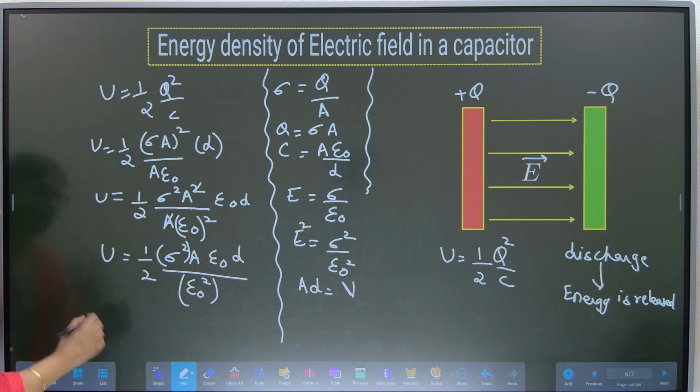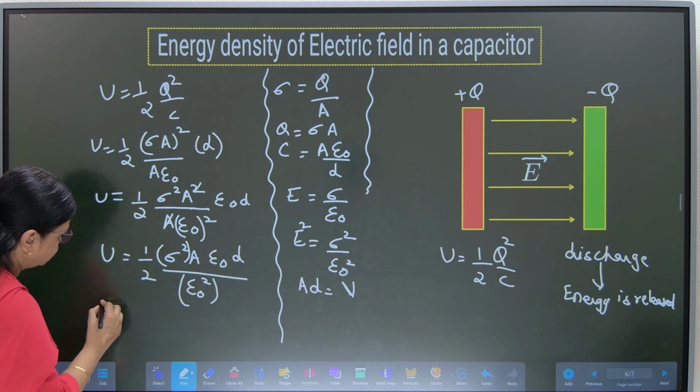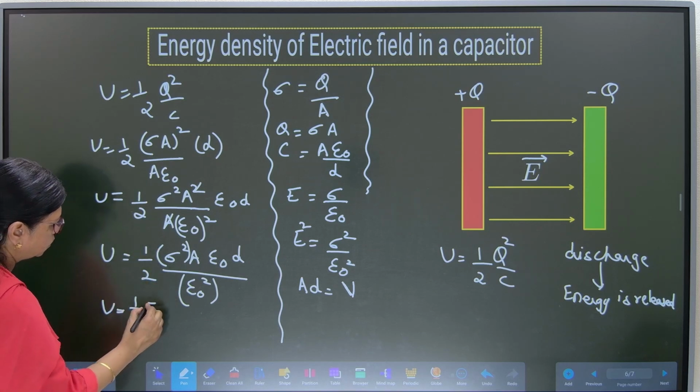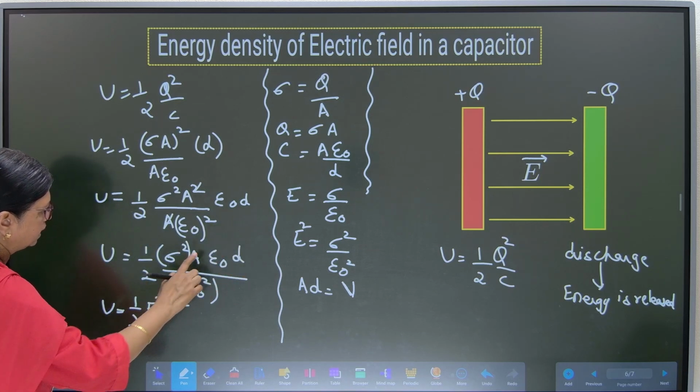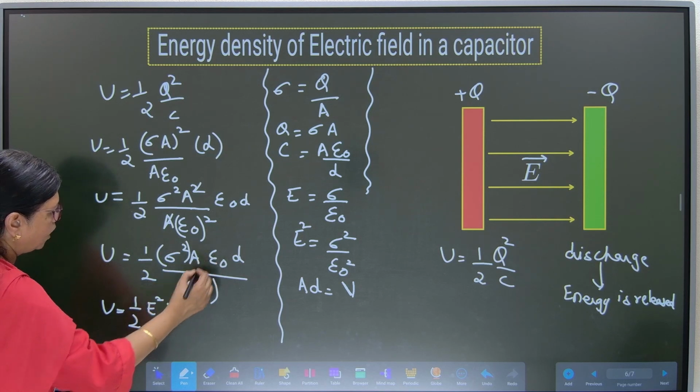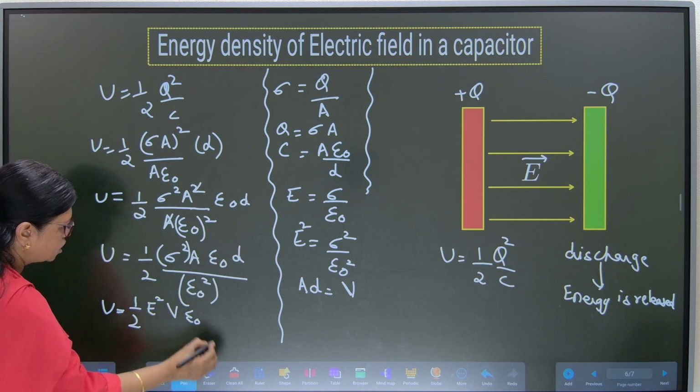Now let us see how we can write this equation as U is equal to half, and this I substitute as E square as mentioned there. AD I write as volume. What is left out is epsilon naught.